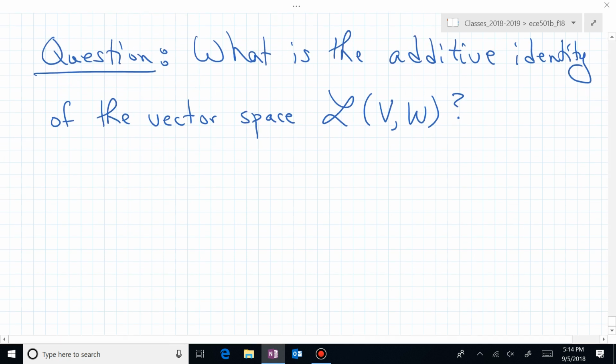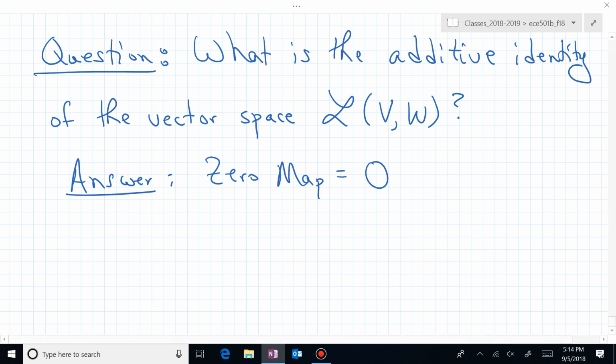So the answer to that question is the zero map, which again is this overloaded symbol 0. But that zero map added to any linear map gives us back that linear map. And that's what we need for it to be the additive identity.